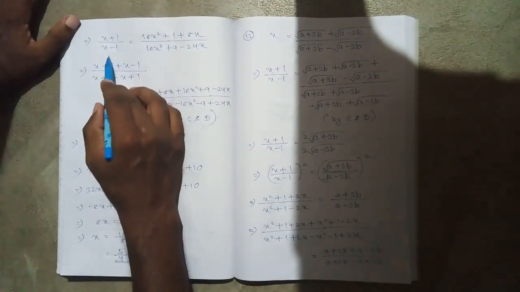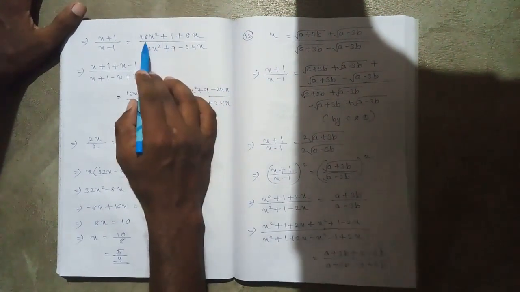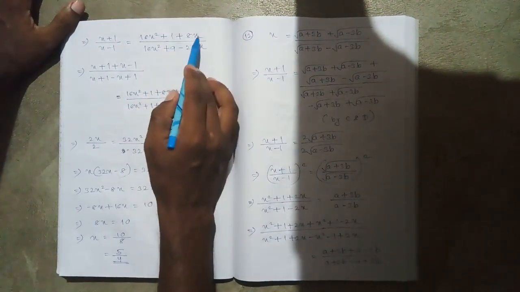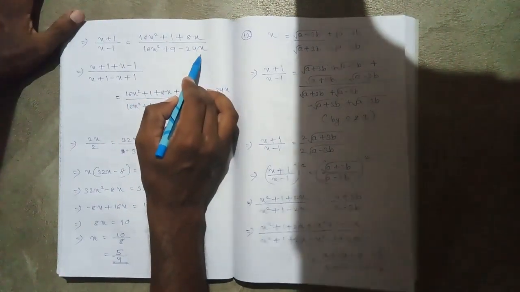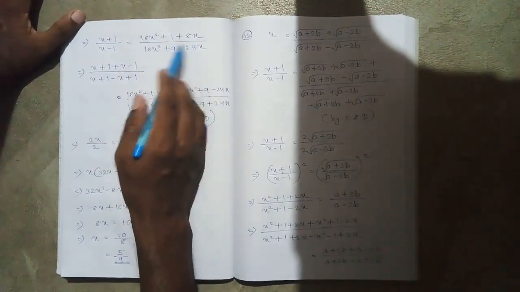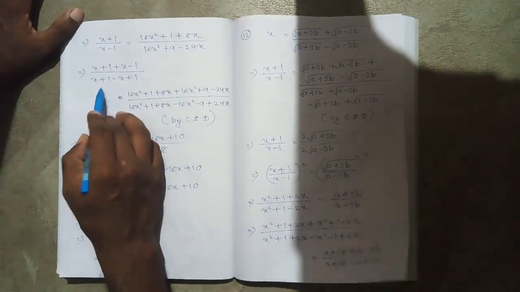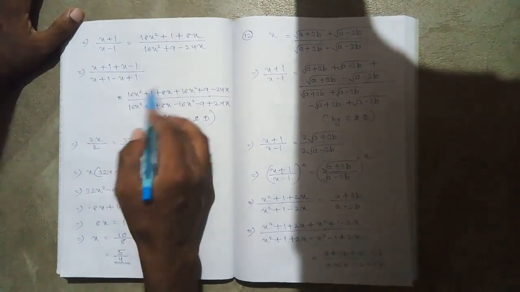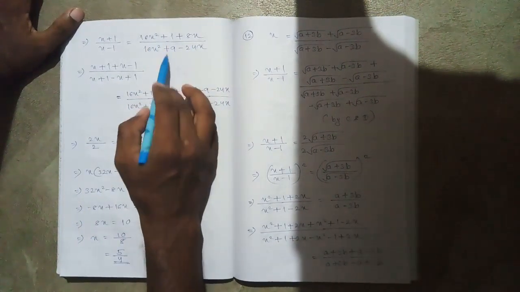So x plus 1 by x minus 1 is equal to, on expanding the RHS, (16x square plus 1 plus 8x) by (16x square plus 9 minus 24x). Again use C and D. So (x plus 1 plus x minus 1) by (x plus 1 minus x plus 1) is equal to this plus this, then this minus this.